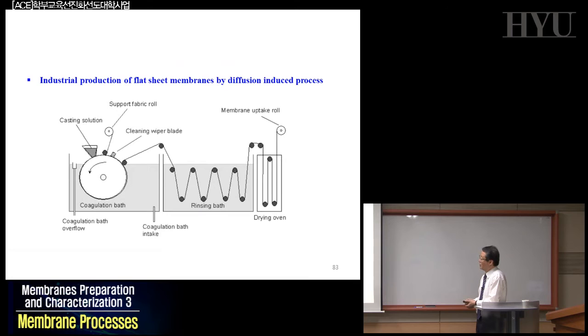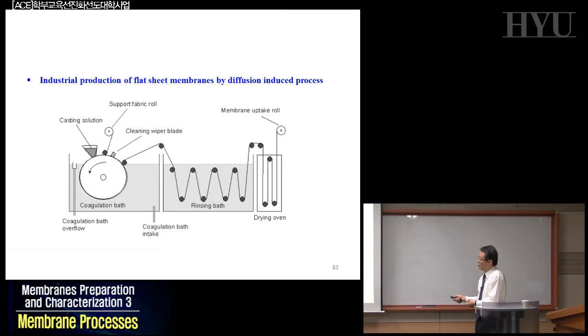In industry, in order to make these flat sheet membranes, you have a casting solution, or dope solution, cast on top of generally the non-woven support. The porosity of the non-woven, or the type of non-woven, is very important.